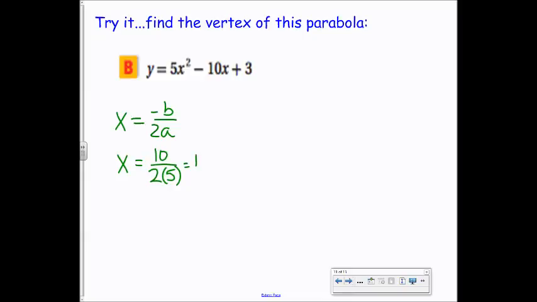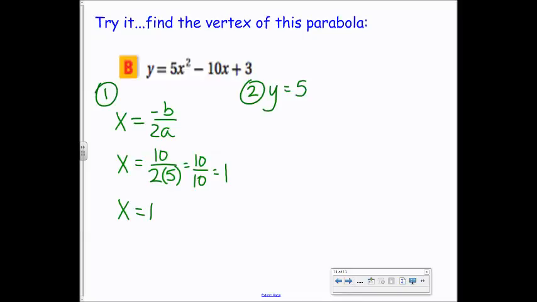Then what do? So that's part 1. Plug it into what? My original equation for what? For 1 for x, right? How many times do I write that in here? Twice. So it becomes y equals 5, 1 squared minus 10, 1 plus 3. What's 1 squared?